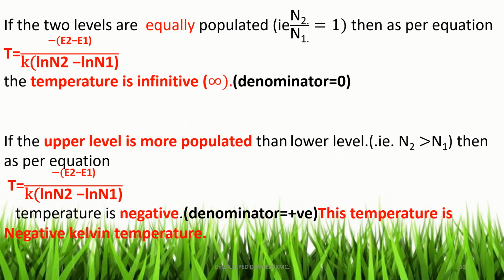This temperature is called negative Kelvin temperature. Negative Kelvin temperature means that it is beyond infinite temperature. So if the upper level is more populated, the system is in the state of negative Kelvin temperature. These are about negative Kelvin temperature.